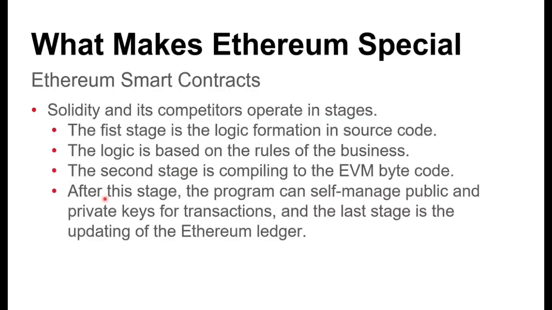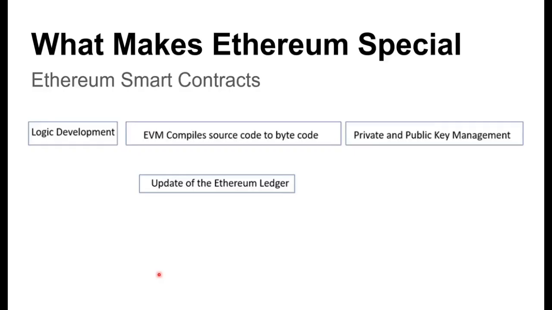Solidity and its competitors operate in stages. So first, the logic is built in the form of source code, and the logic is based on some kind of business rules or agreement. Then there is compiling for the EVM. At this stage, that program can self-manage and use private and public keys. And then as it's executing, that contract can update the Ethereum ledger.